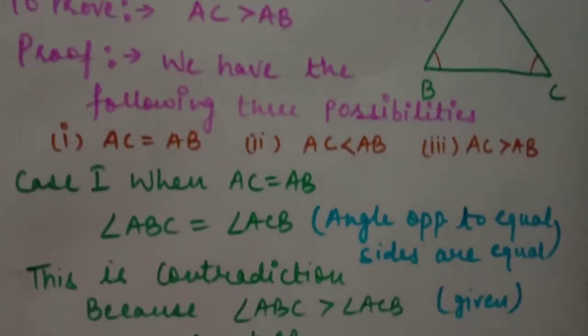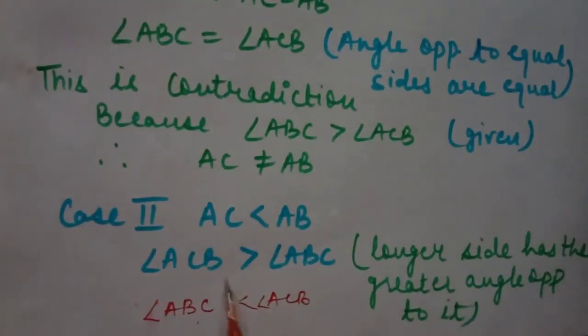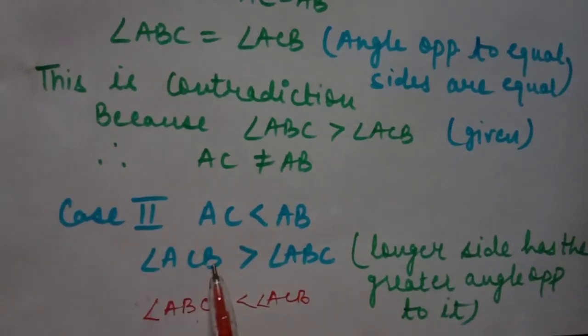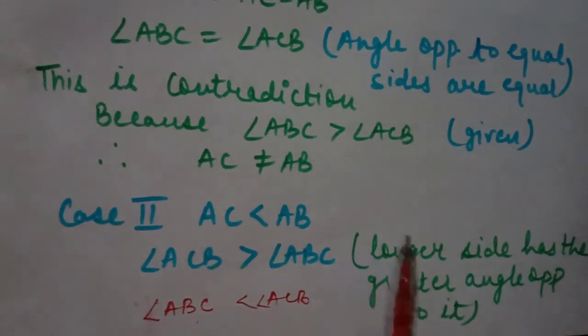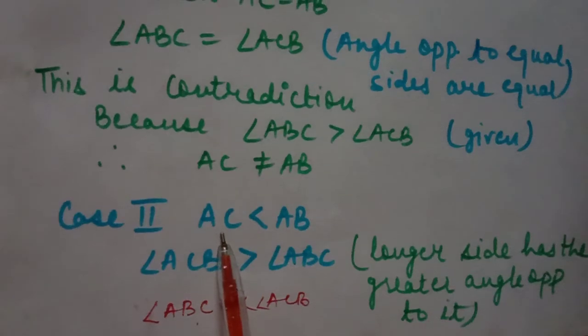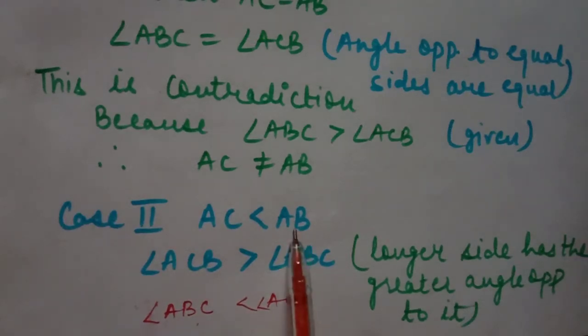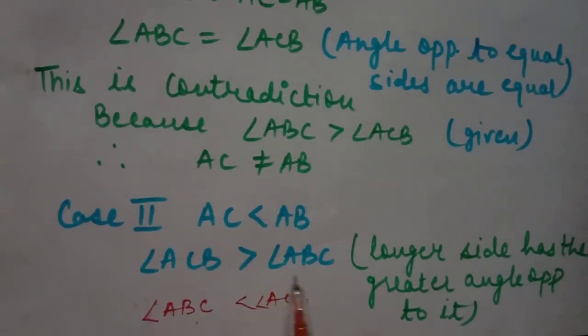So students, now your second case, AC is less than AB. It means the angle opposite to AC, angle ABC, is less than the angle opposite to AB, which is angle ACB. Which angle is present opposite to AC? Opposite to AC is angle B. So students, do not confuse between these.